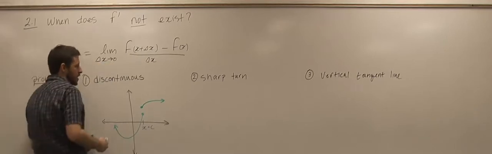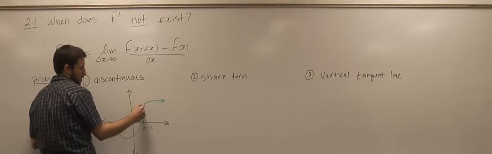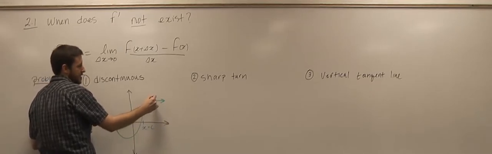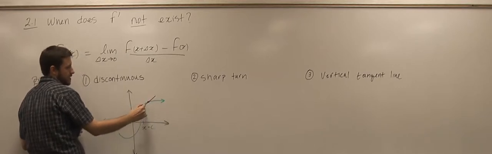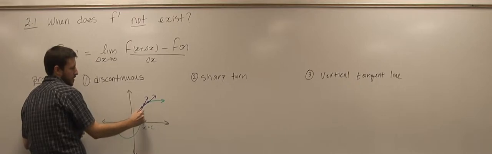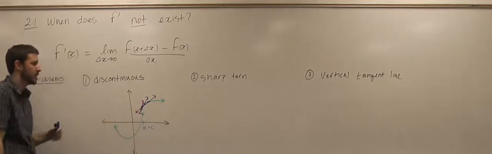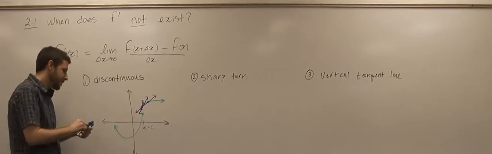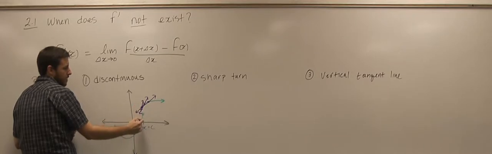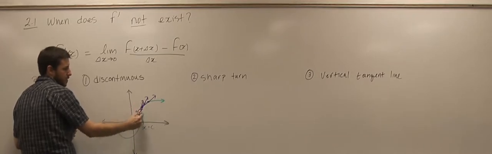So the idea is if you start trying to find the slope of the tangent line by doing successive secant lines here, we take this secant line, and this secant line, and another secant line, and we try to find the slope of the tangent line, it's going to be different than if we do it on the other side, where we pick points down here.